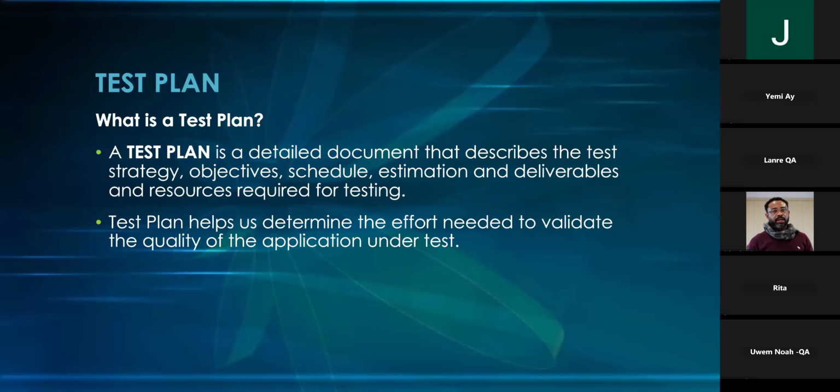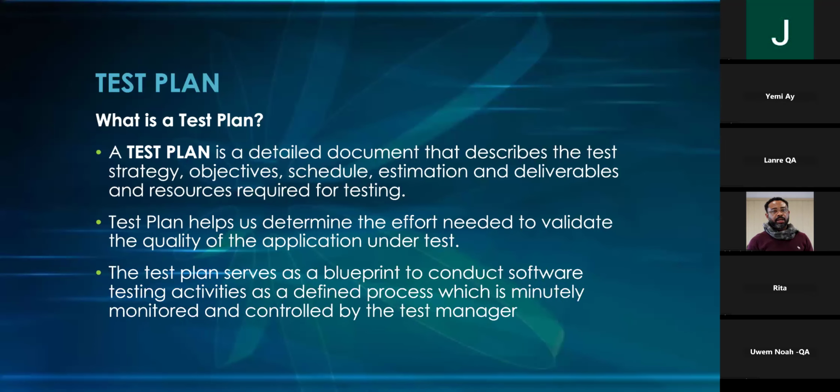So it's AUT. The test plan serves as a blueprint to conduct software testing activities as a defined process, which is minutely monitored and controlled by the test manager, by the team at large.